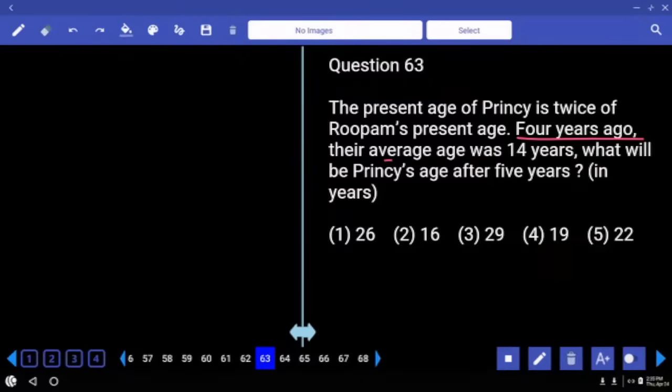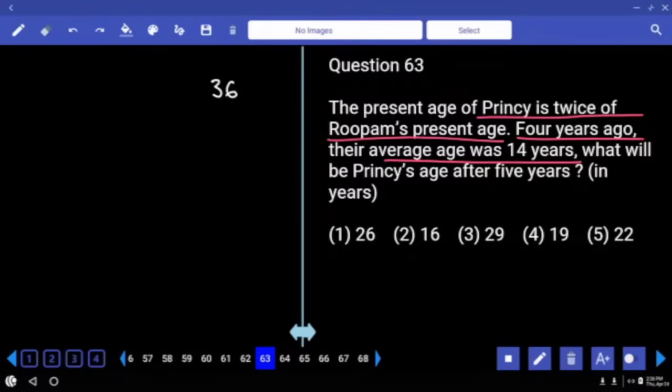4 years ago their average was 14, then present average will be 18 only. 4 years back to present, for each member we have to add 4 years. If every person's age is increasing by 4, average also increases by 4 and becomes 18. Then sum becomes 36.